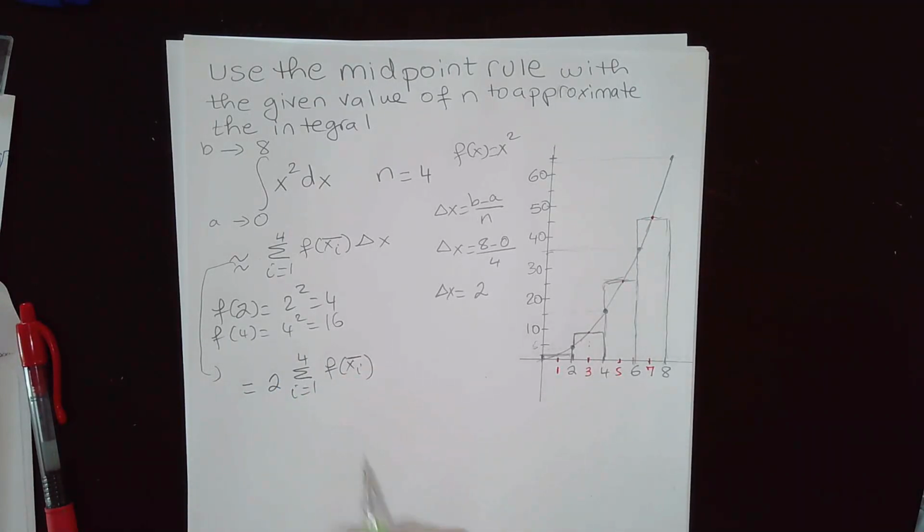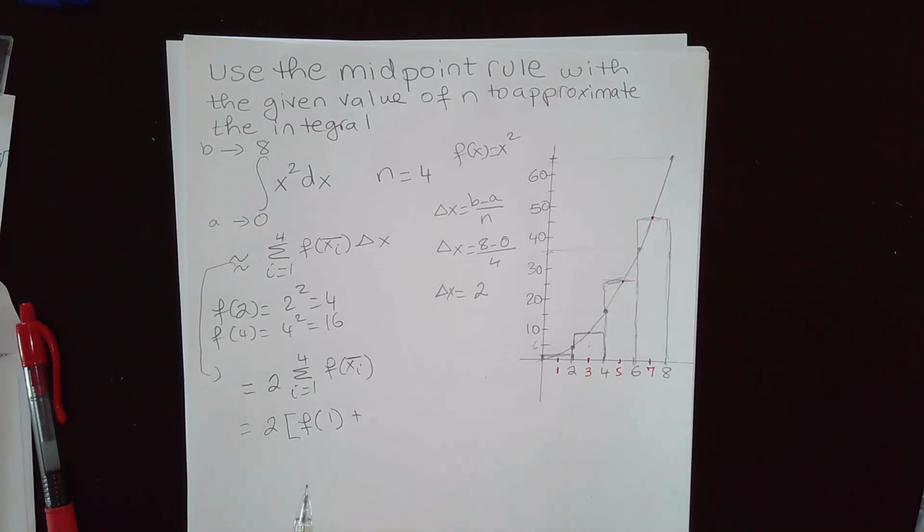So let's see, 2 times, when i is equal to 1, for the first rectangle, the midpoint is at 1, so it would be f(1) plus.